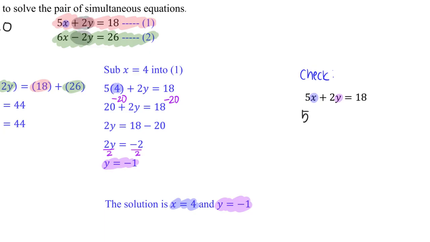For this y, I'm going to write it as -1. And when I use my calculator, it should give me 18.